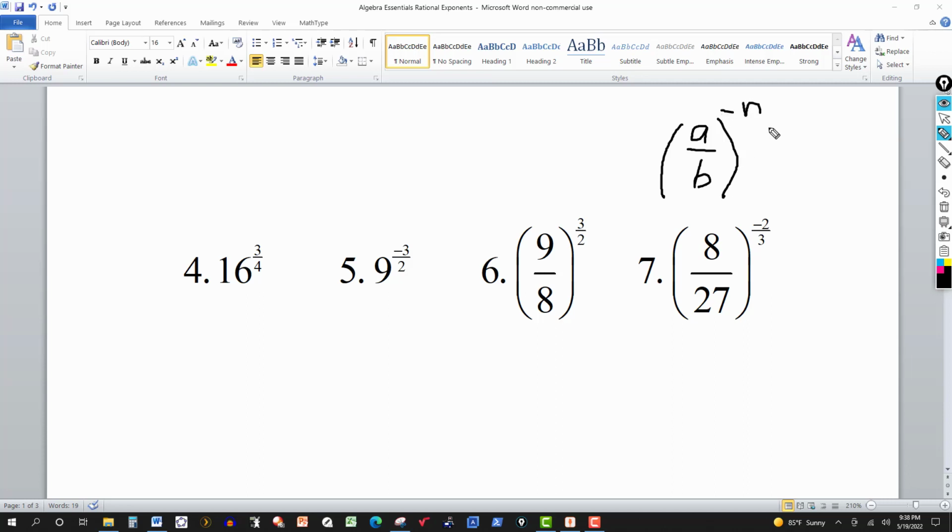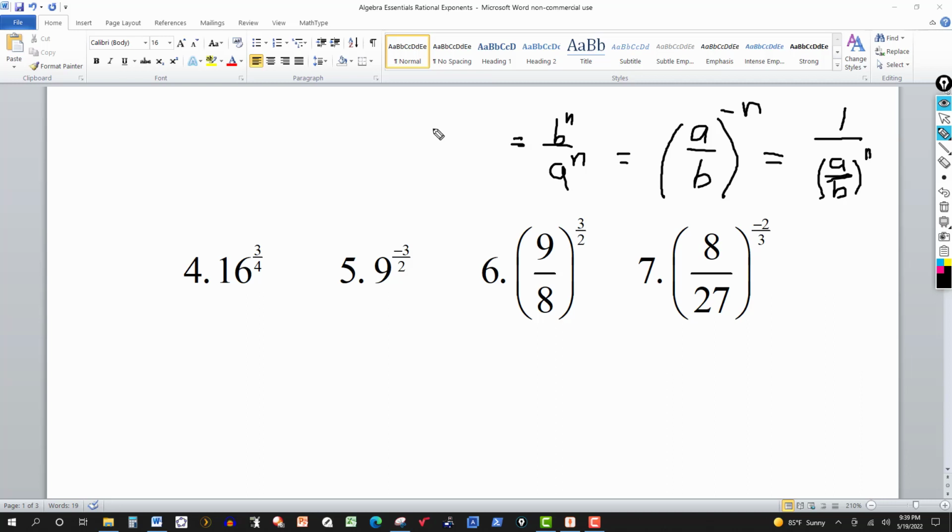If you have a over b to the negative n power, then this is the same thing as 1 over a over b to the n power. So here this would be a to the n and then b to the n. Then you multiply the numerator and denominator by the reciprocal of that, and this would give me b to the n over a to the n.